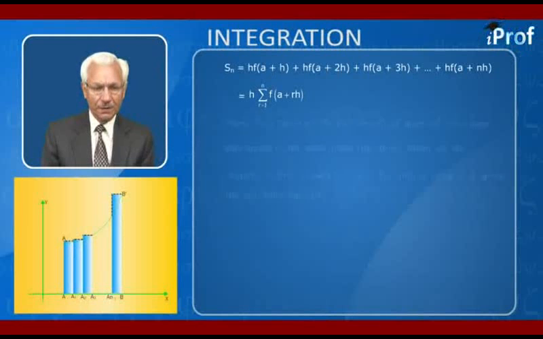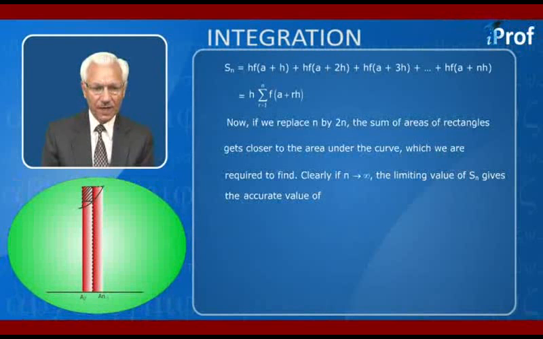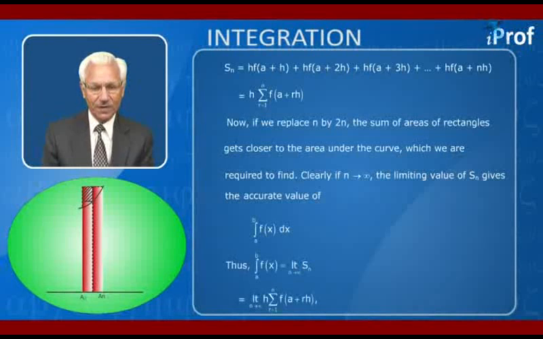Now if we replace n by 2n, the sum of the areas of the rectangles gets closer to the area under the curve, which we are required to find. Clearly thus, if n tends to infinity, the limiting value of Sn gives the accurate value of the integral from a to b of f(x) dx.